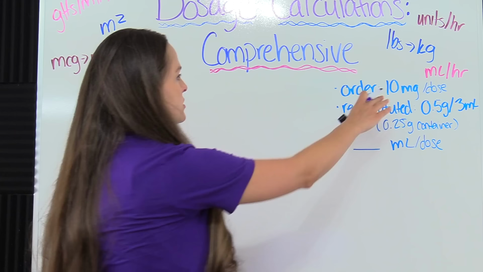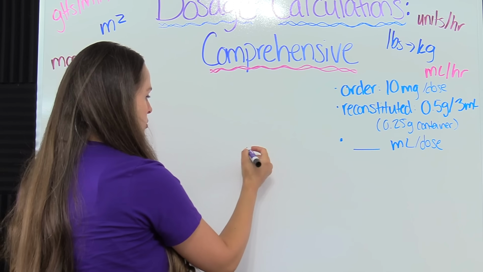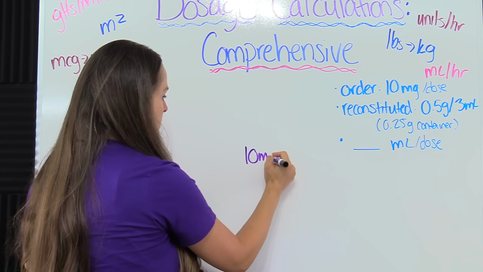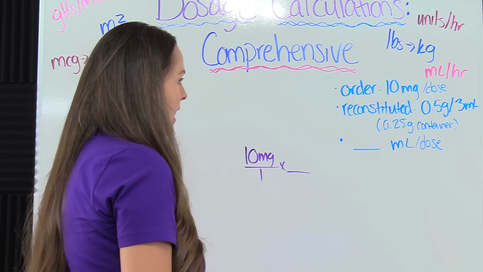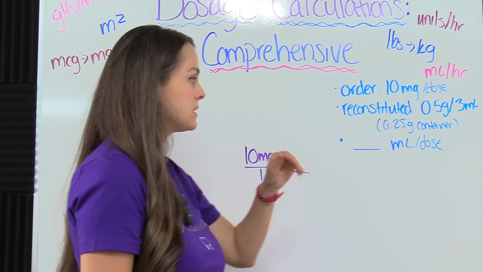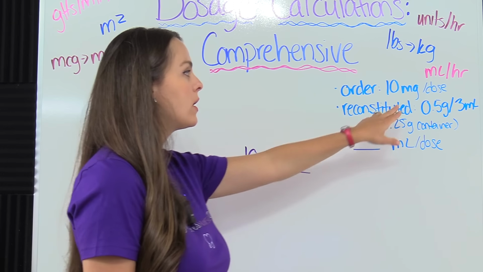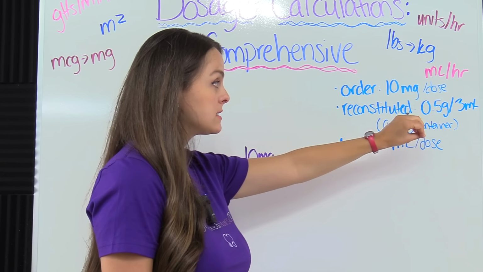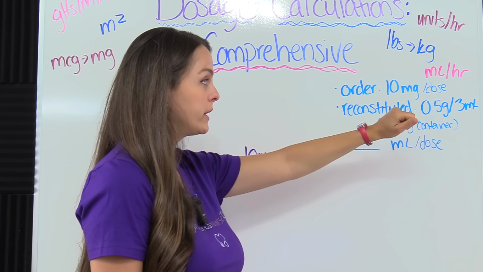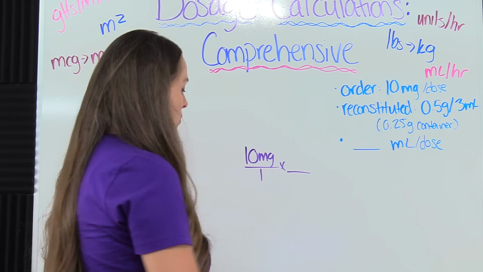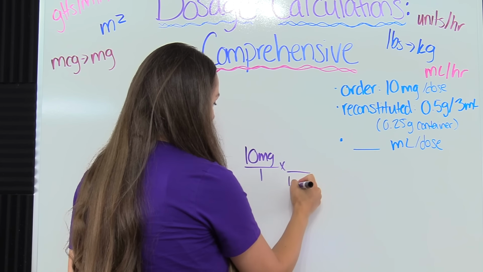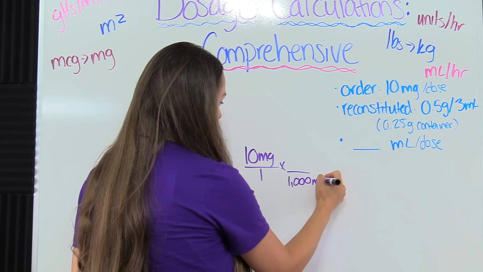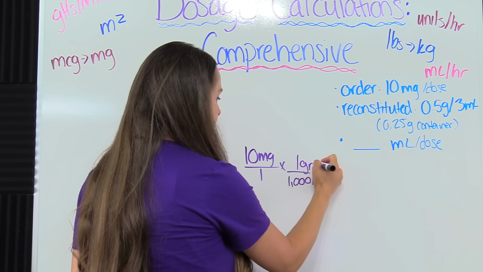So what we're going to do is start with the amount ordered. So the doctor ordered 10 milligrams per dose. So we have to get to grams, and we're in milligrams because that's how much is in this container once it was reconstituted. So we know from the metric table that in 1,000 milligrams, there's 1 gram.